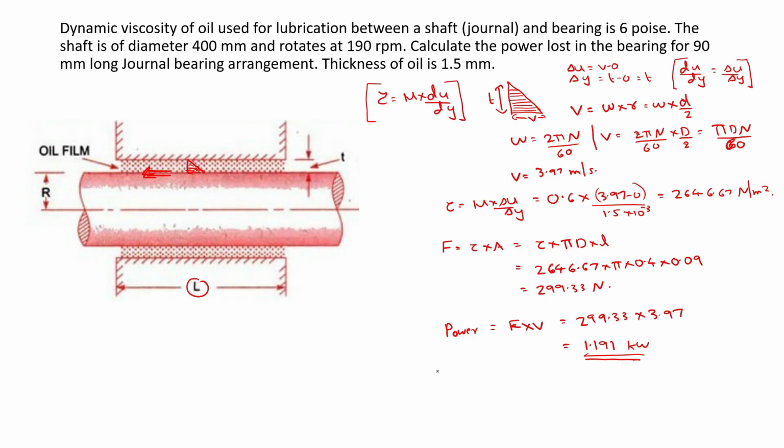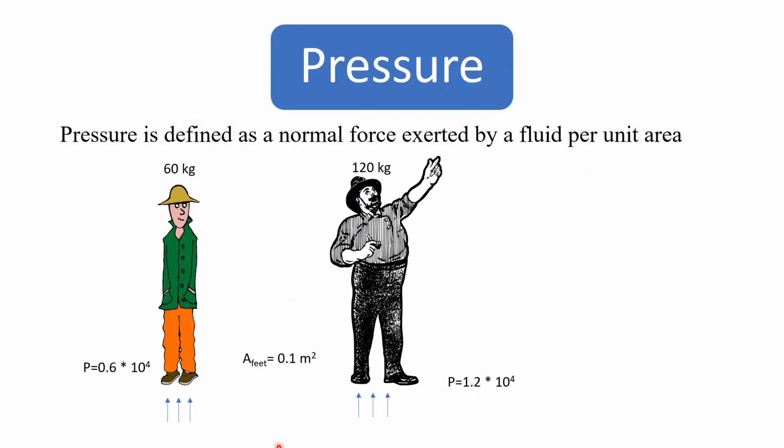What is the torque? Opposing torque is equal to force into D by 2, and power you can also write as power is equal to torque into omega.